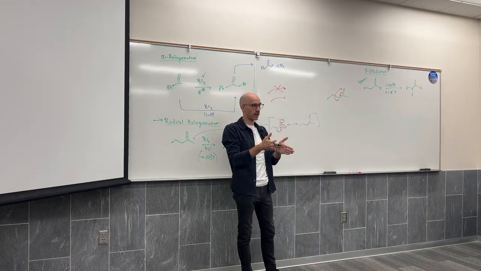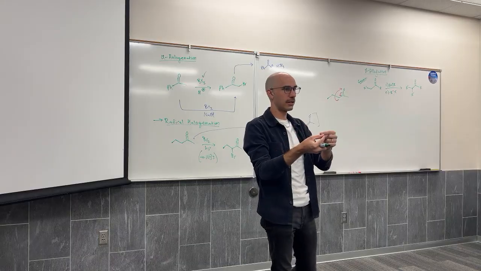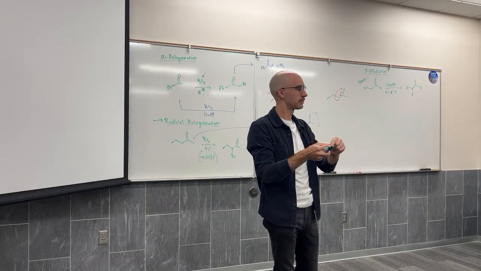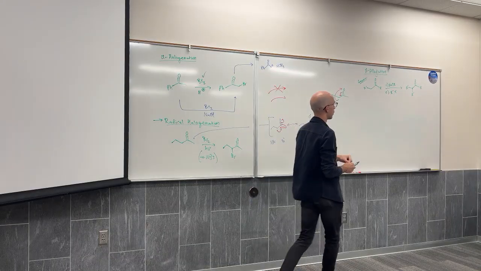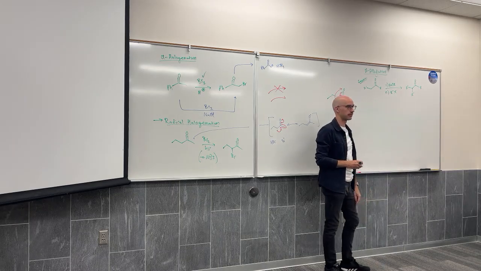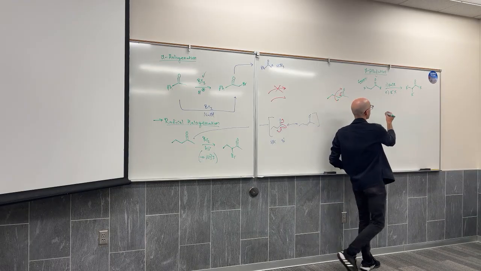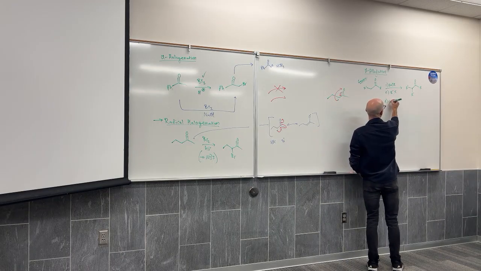I form a carbon-carbon bond between the alpha carbon and that alkyl halide carbon. So at the alpha position, I've added this new alkyl group. And if you've got 2 different alpha hydrogens, then you can repeat this process.